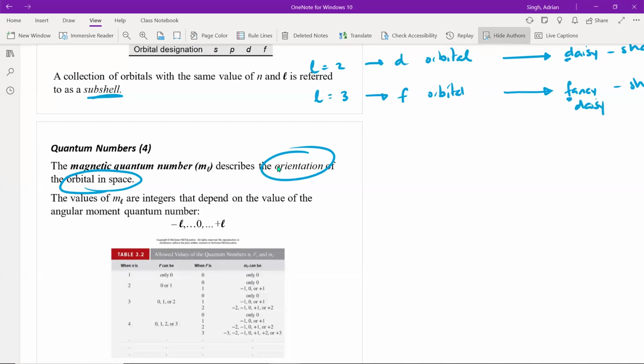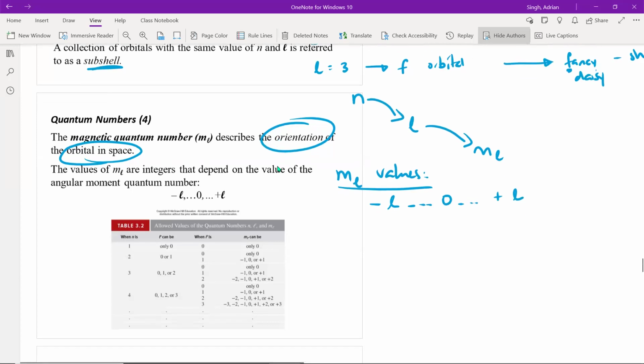So just like the n value determines the l value, the l value determines the m sub l value. So the m sub l values depend on the l values, and can go from minus l through 0 to positive l.